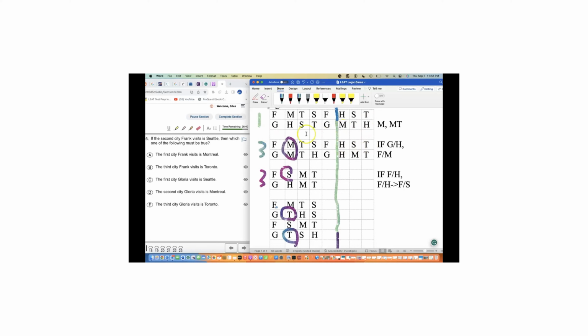Alright, now this is going to be for game 6 right here, and if I need to circle it, we're going to have it right here, and the one above it too that we just created. Okay, so the first city Frank visits Montrose, I don't see that to be true. The third city Frank visits Toronto, I do see that to be true.